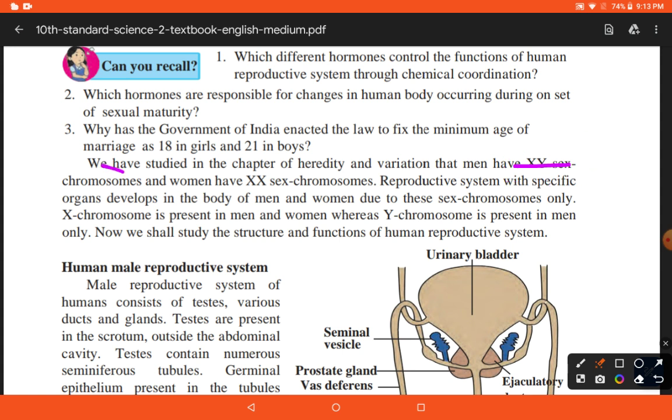When XY chromosome is there, the male child is born, and when XX is there, a female child. So reproductive system with specific organs develop in the body of men and women due to sex chromosomes. Also, the X chromosome is present in men and women, while Y is only present in men.